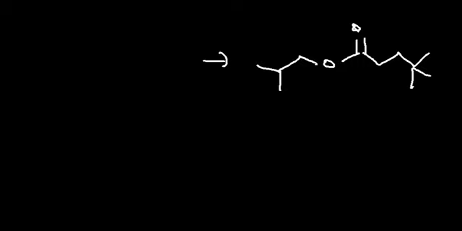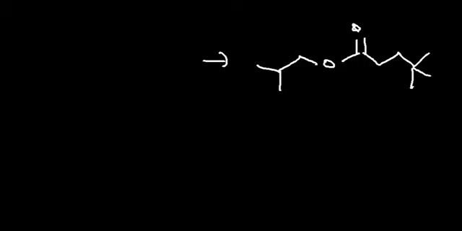But now, let's work on some retrosynthesis problems. So let's say you're given this ester. What alcohol and carboxylic acid were used to create that ester? How would you figure it out?